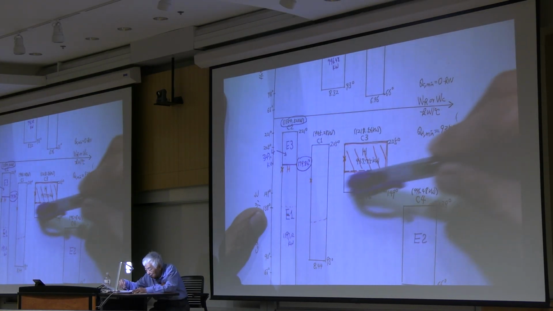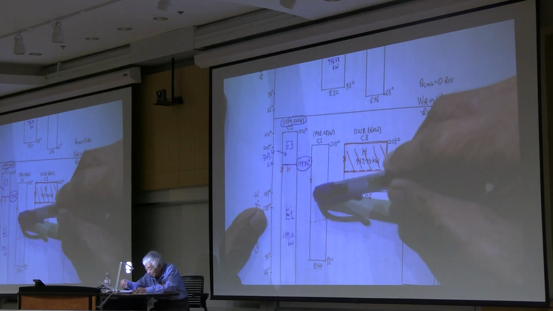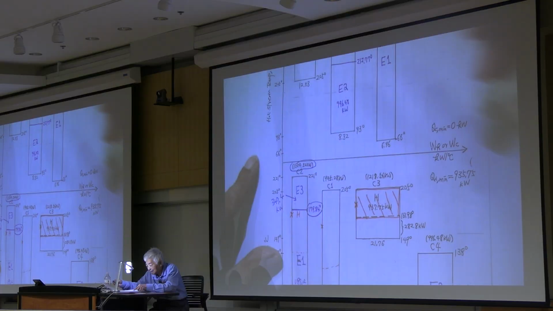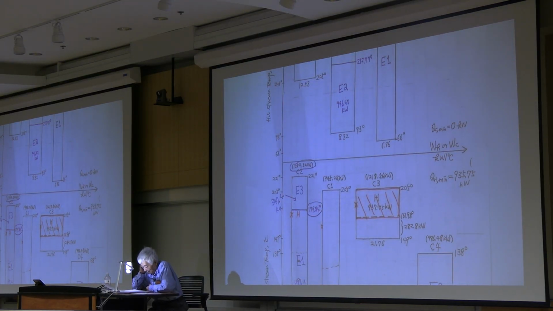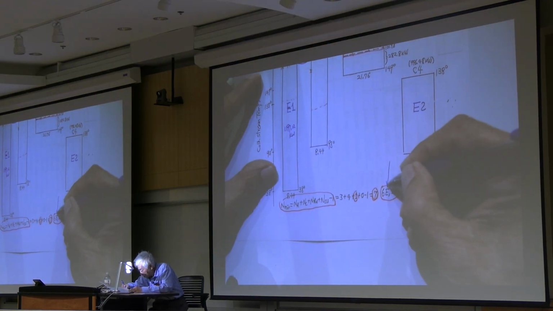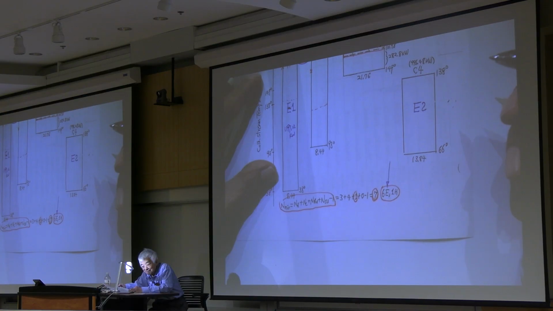What's remaining? Right? Only 2 remaining on cold side, 2 remaining on hot side, right? And we know we can put 3 more exchangers.